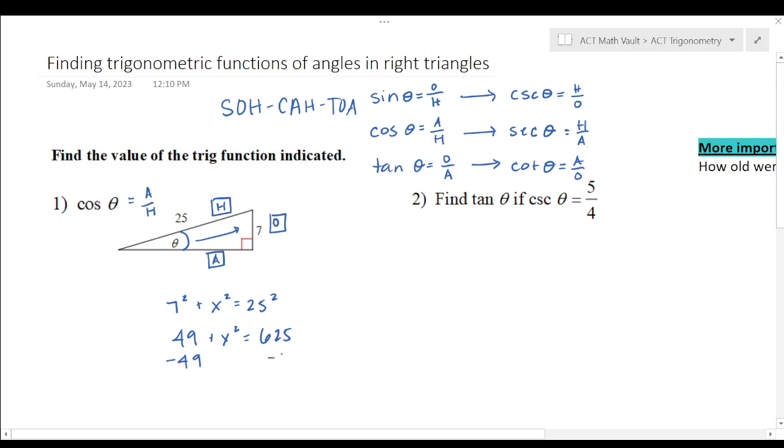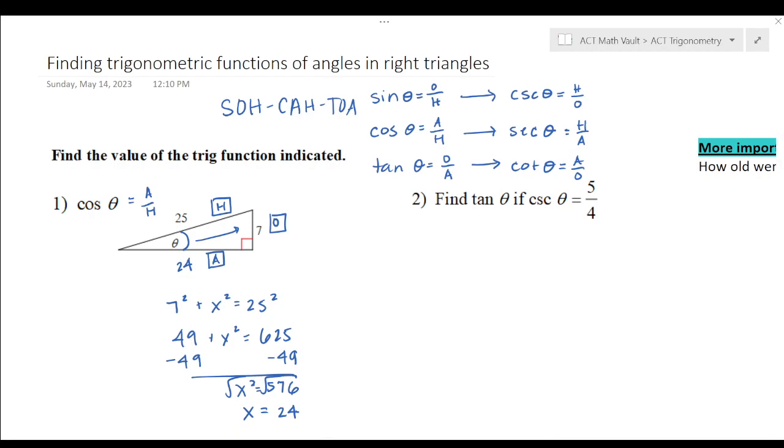If I subtract 49, I get x squared equals 576. If I square root both sides, I get 24. Now that's a Pythagorean triple, 7, 24, 25. So you may not even need this step here. You might just say, oh, well, if that's 7 and that's 25, I know that 24 is the third side.